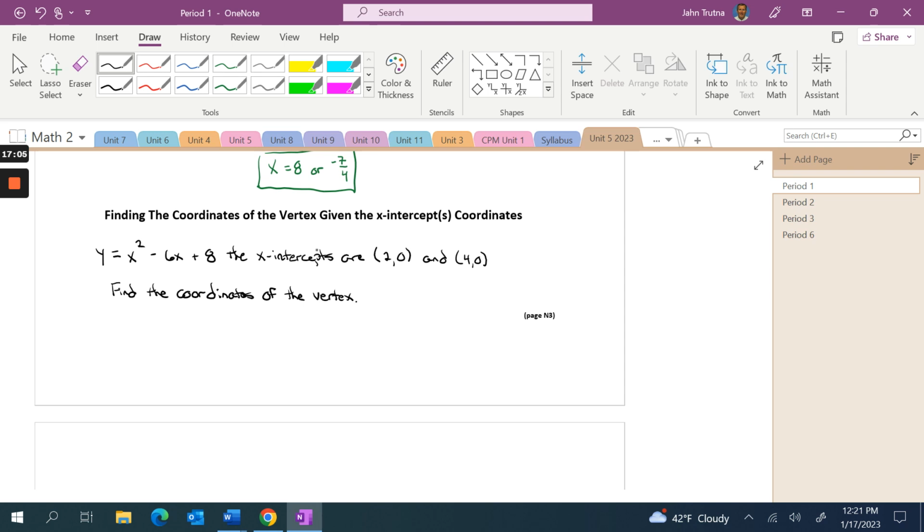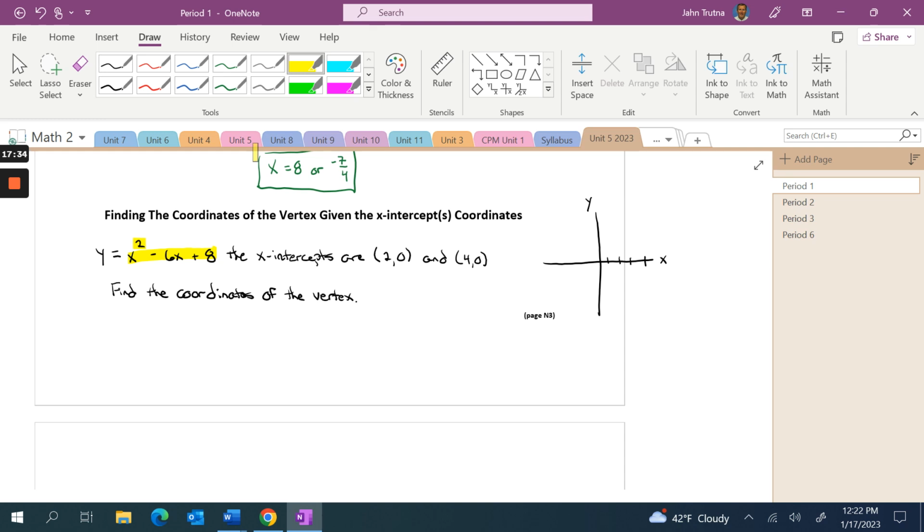So here's the idea behind how to find the vertex if you know the x-intercepts coordinates, all right? So basically, this problem is telling me that when I graph this equation, y equals x squared minus 6x plus 8, now keep in mind that equation right there is a quadratic equation because the largest exponent is 2.